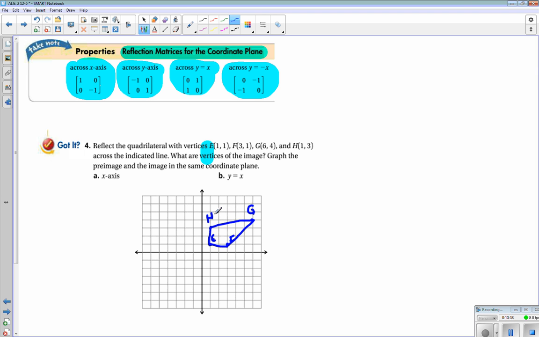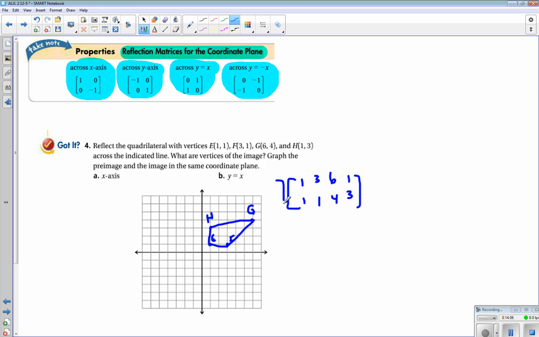All right, so let's do our multiplication and find the reflection across the x-axis. So we got 1, 1, 3, 1, 6, 4, and 1, 3.